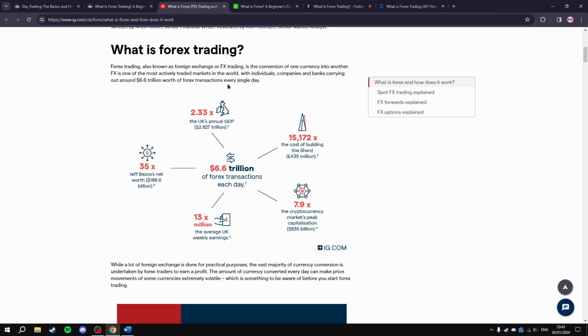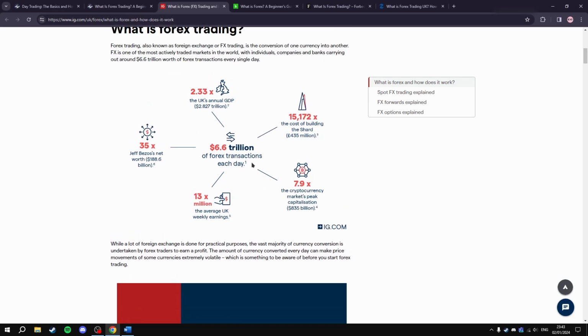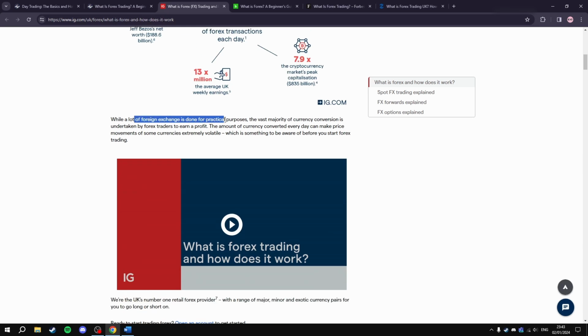While lots of foreign exchange is done for practical purposes, many people trade Forex to earn a profit.